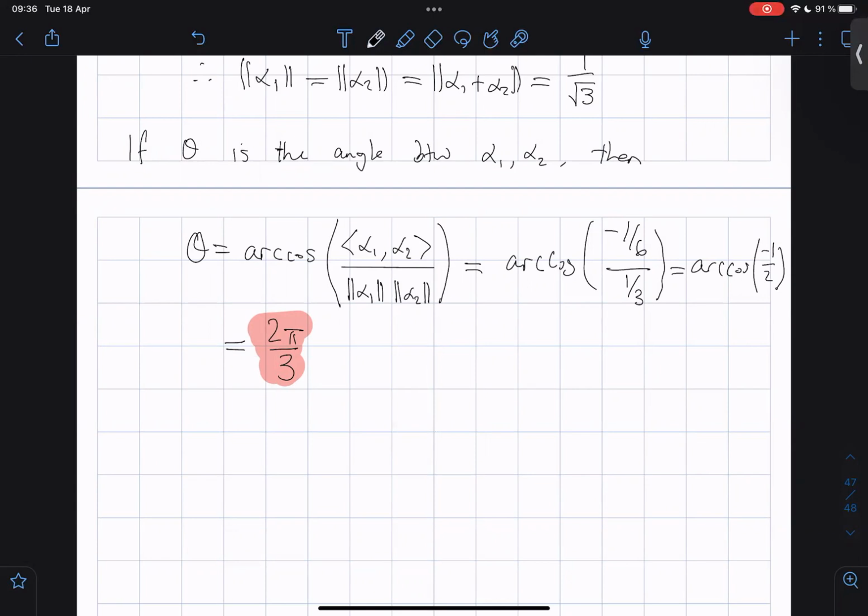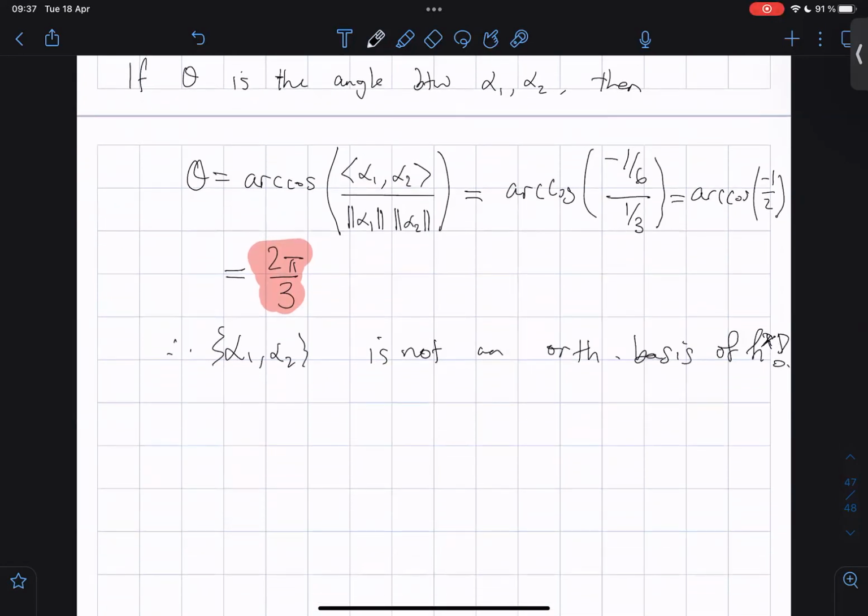It's not 90 degrees. Alpha 1, alpha 2 is not an orthogonal basis of H star.